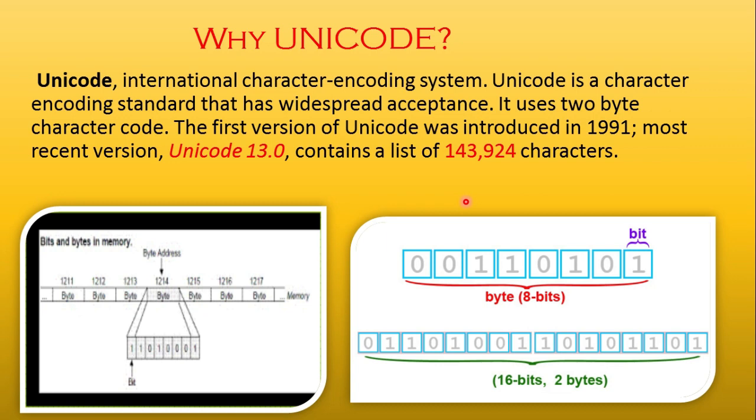That's why Hindi, Arabic, Chinese, Malayalam, Tamil, all languages are available in computers because of the widespread acceptance of Unicode. So Java uses this character set Unicode. See, this is a total of 256 characters by ASCII, and here you can represent 65,536 characters.